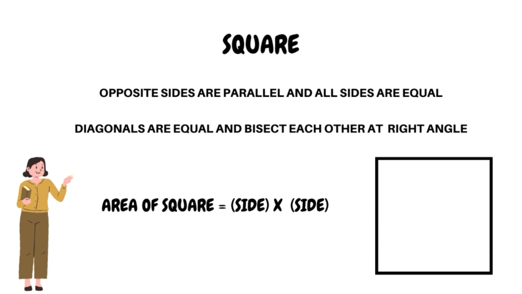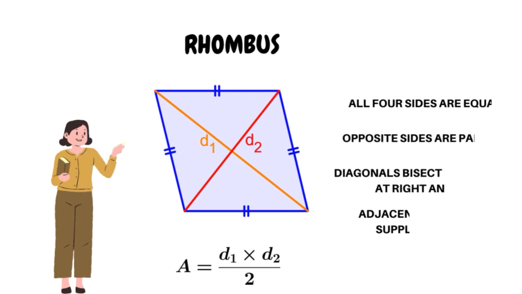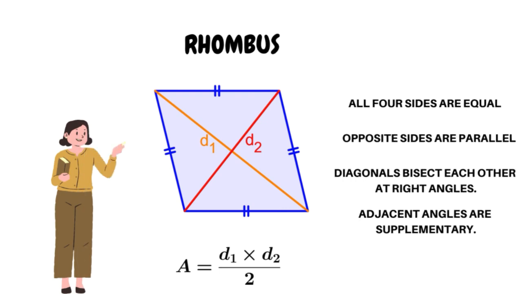If we have a square with side A, then its area is nothing but side into side, that is A into A, that is A square. So the area of a square is nothing but side square. Now moving on to the next figure.